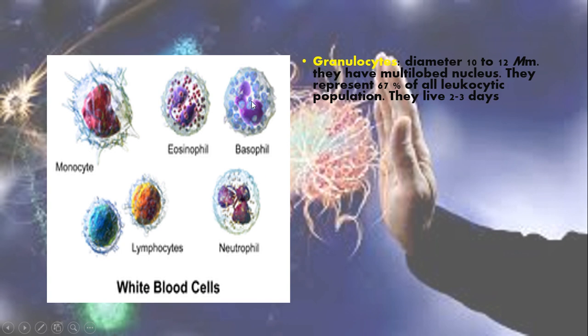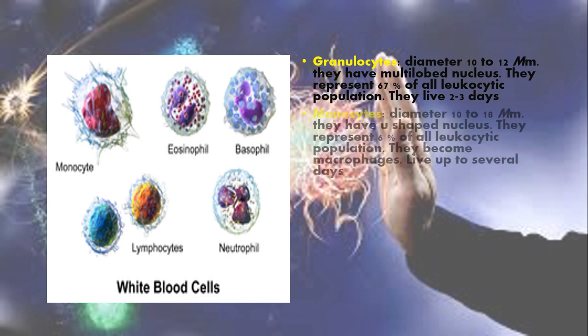Their nucleus, as you can see, is multi-lobed, so they do not have a regular shaped nucleus. They have instead a multi-lobed nucleus, and this is why we call them polymorphonuclear cells. They represent about 67% of all the population of the white blood cells, and they have a lifespan of 2 to 3 days only.